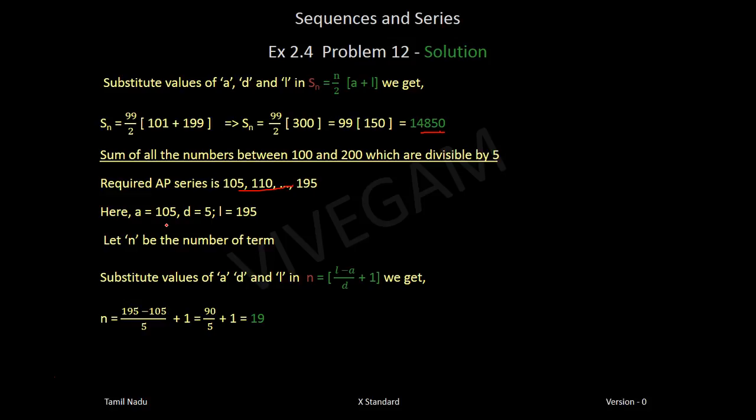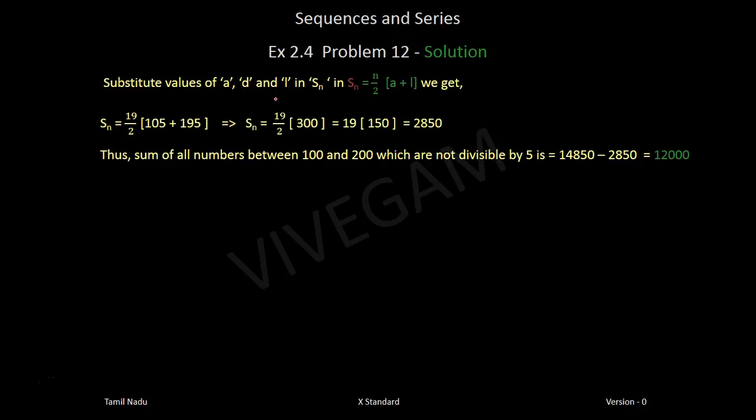So here A equal to 105, D is divisible by 5, which means D equal to 5, and the last number is 195. Okay, so let n be the number of terms. N is (L minus A) by D, plus 1. L is 195, A is 105, and D is 5. Substitute those values: (195 minus 105) by 5 plus 1. This is 90 by 5 plus 1. 90 by 5 is 18, so 18 plus 1 is 19.